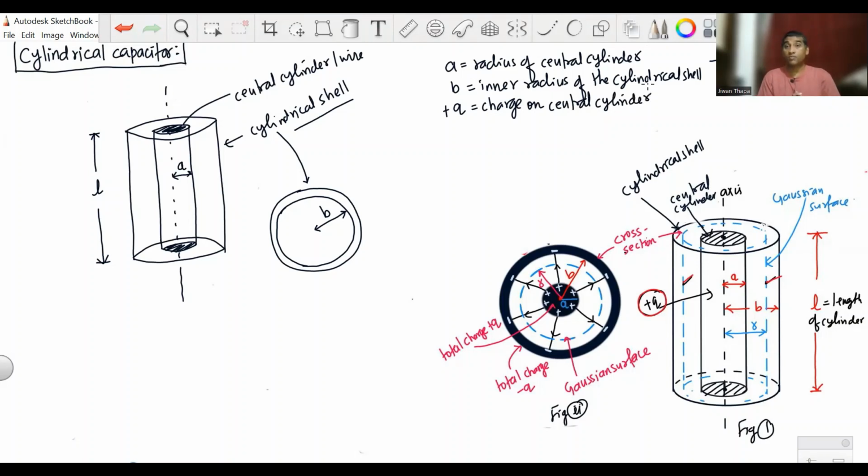The central cylinder is positively charged, and let minus Q be the charge on the cylindrical cell. That is, the cylindrical cell and central cylinder contain equal amounts of charge in magnitude but opposite in nature or sign.